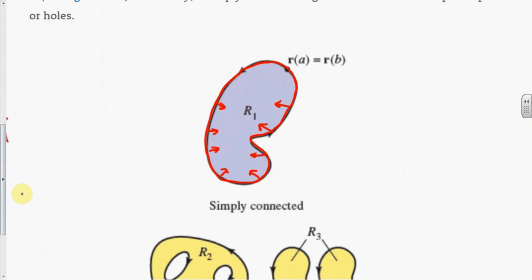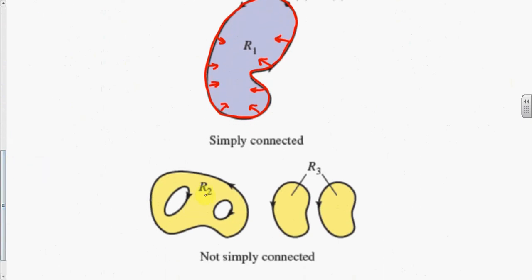This is in two dimensions. So he says you don't want to have this. You don't want to have what's happening in R2 where this is said not to be simply connected, or in R3.